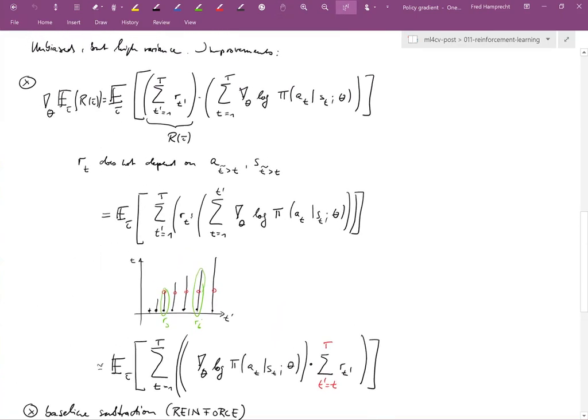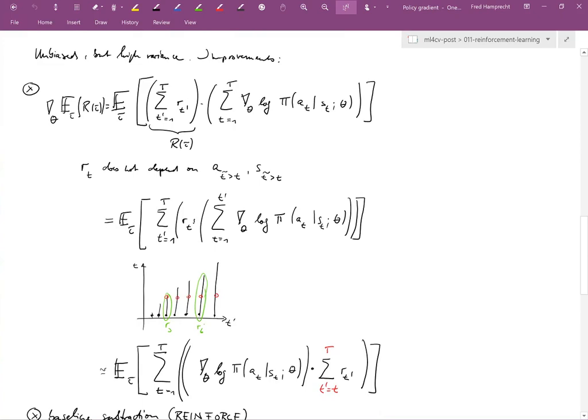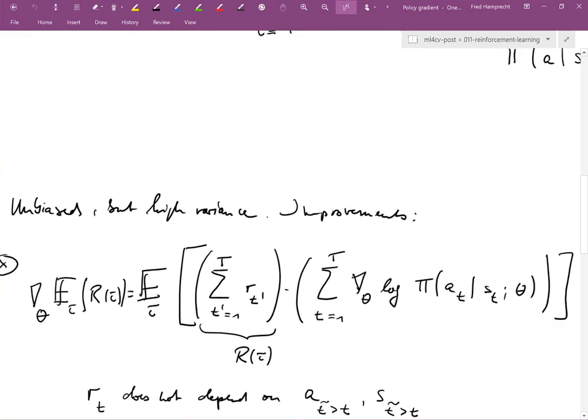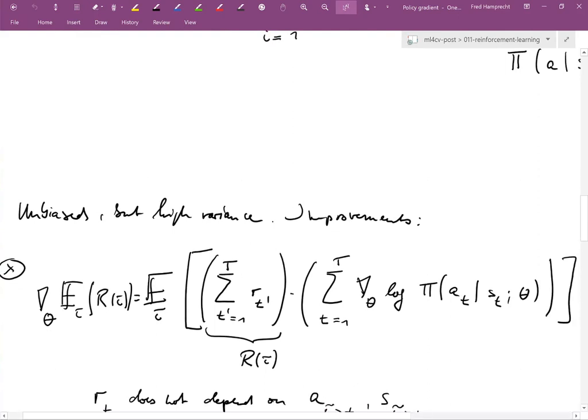Okay, here's a second strategy. So if we look at this line here again, this is just the definition, where this time the total reward has been written out. If the total reward is a sum of rewards garnered at individual time steps, then this equation holds.